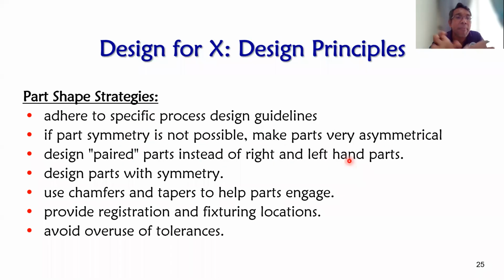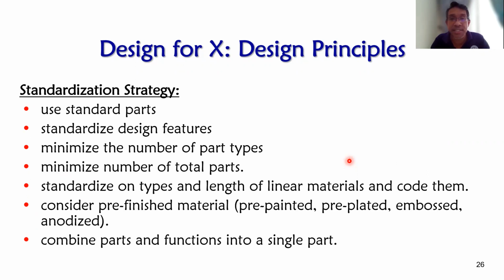So if you make a pair, if confusion is not there, then you already have a good part in line. So design parts with chamfers, avoid confusion during the production, self-alignment in the assemblies. So there are the part shape strategies.